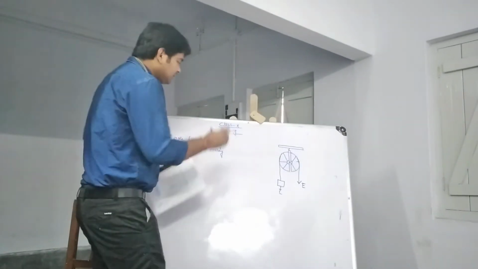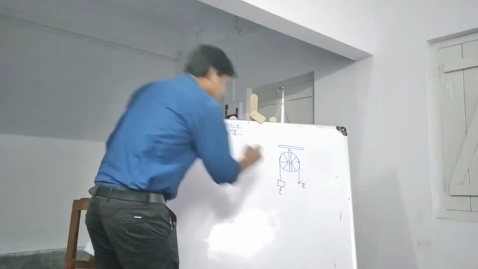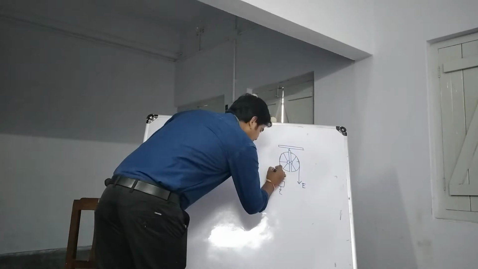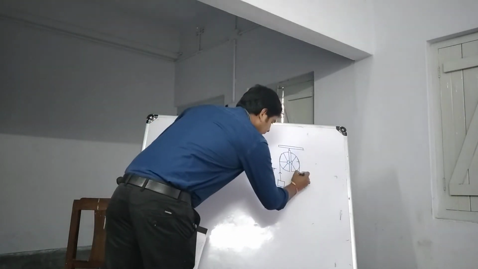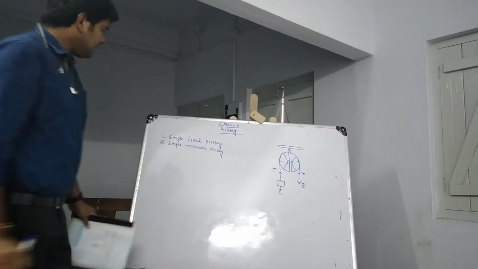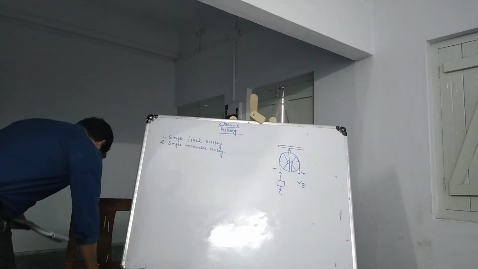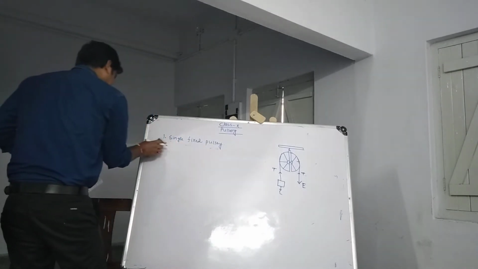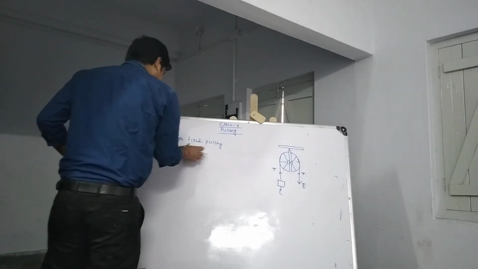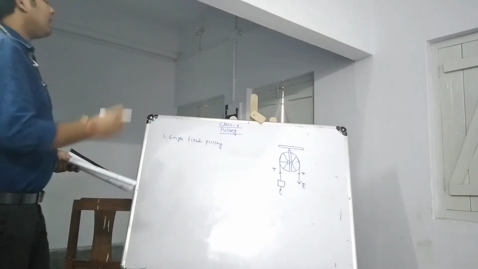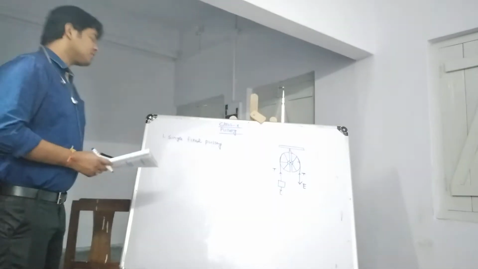The tension throughout the string is the same, and we denote the tension in the string by T. This is the single fixed pulley. Now we are going to calculate the mechanical advantage, velocity ratio, and efficiency of a single fixed pulley.